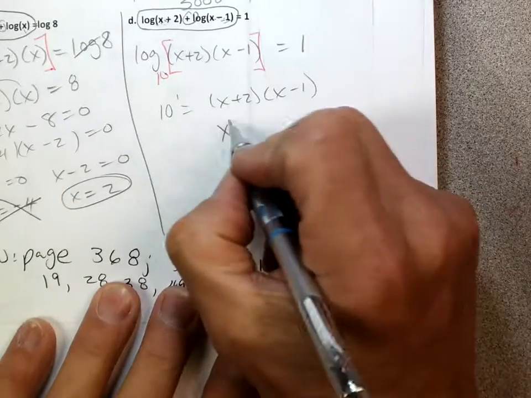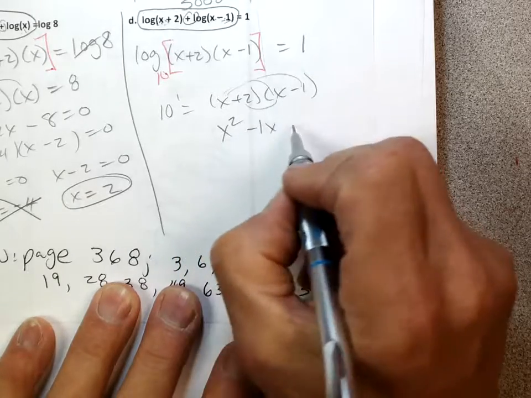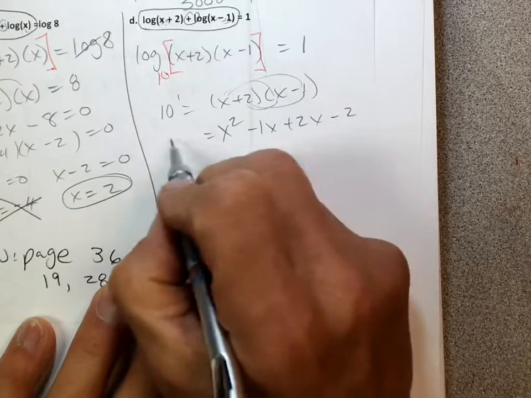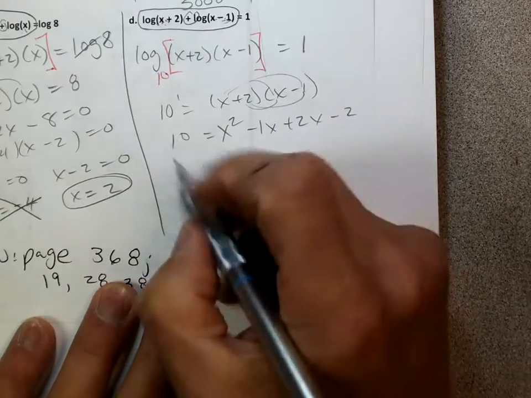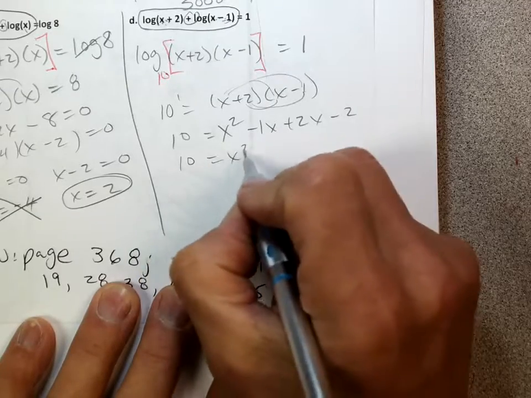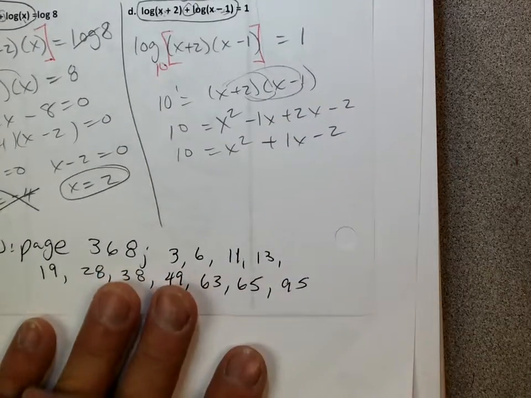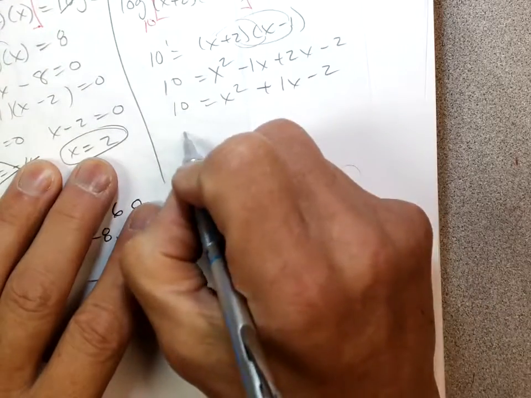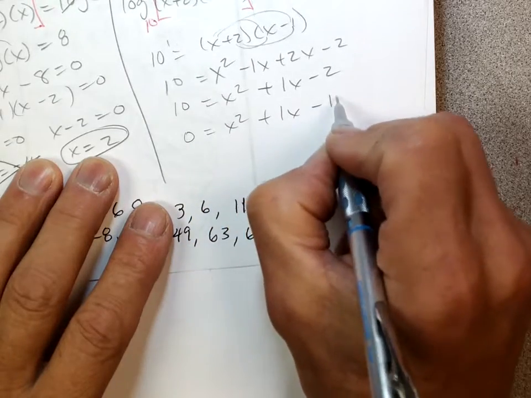X squared minus a 1x plus a 2x minus 2 equals 10, right? 10 to the 1, 10, right? 10 is equal to x squared plus 1x minus 2, right? Bring over the 10. If I subtract the 10, I'll have 0 equals x squared plus a 1x minus a 12.